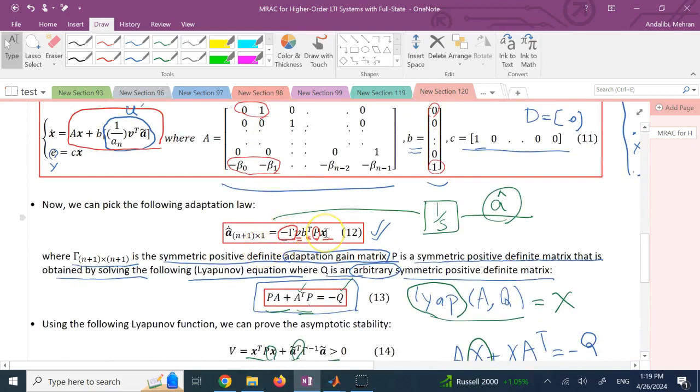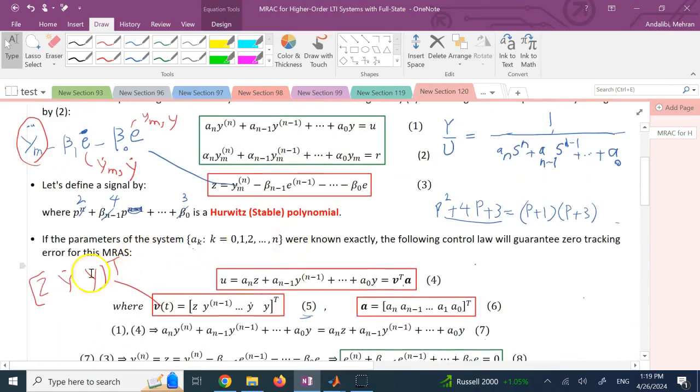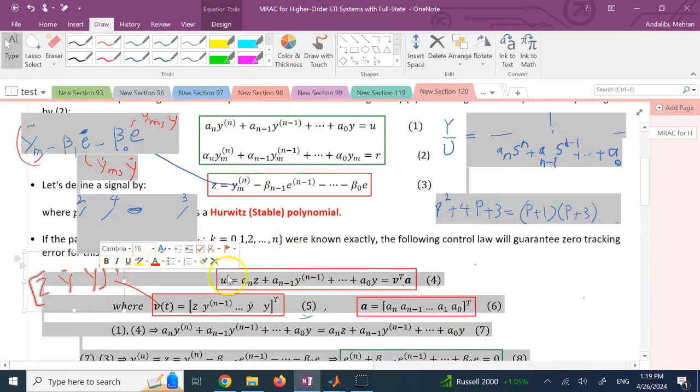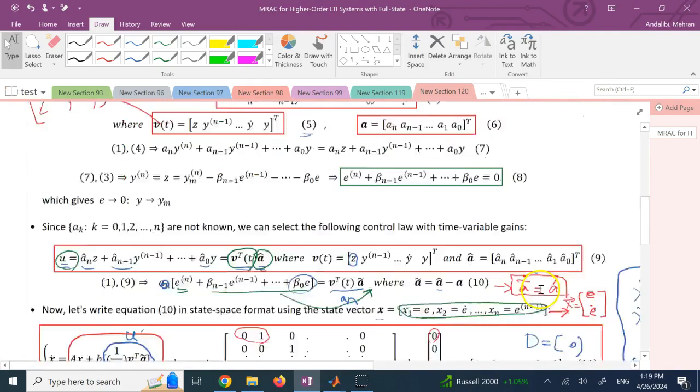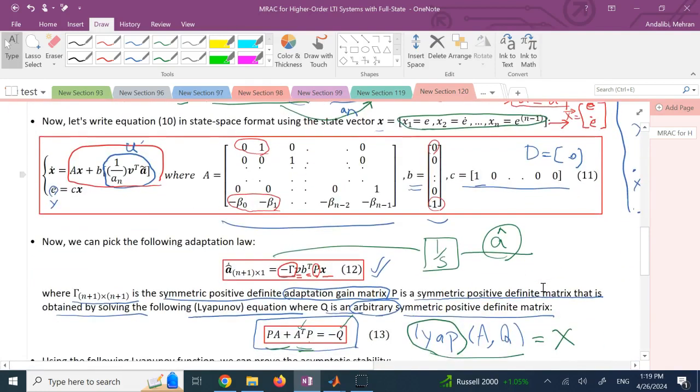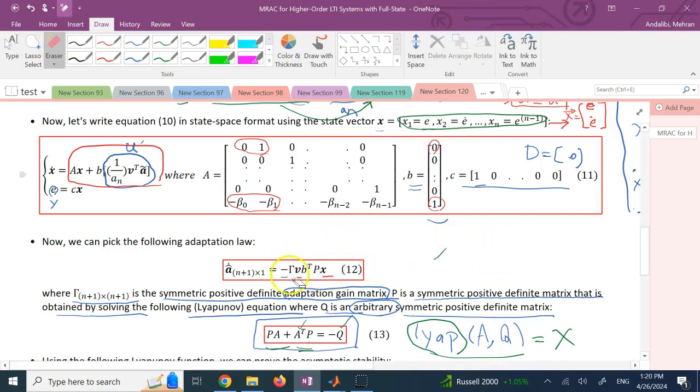So everything is n by n here. This guy is n plus 1 by n plus 1. And this v vector also, if you look at the definition of v, is, in this case, a 3 by 1. Okay? Yes? So the rest of it is fine. And if I want to just show you dimensionally that this equation is right, because you might say, hey, this equation does not look dimensionally right to me, I can show you that it is the case.